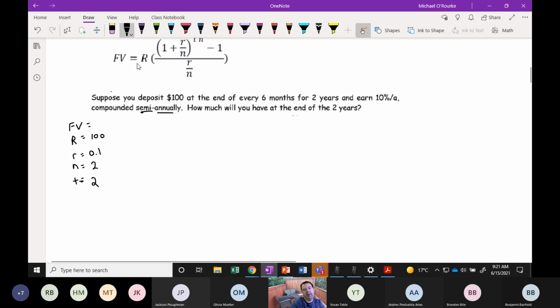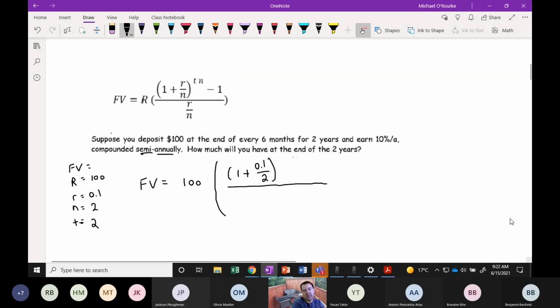Now I'm going to fill in my formula just like it is above and just fill in what I know. So FV equals, my R is 100. Now all this we're going to do in the bracket to start. So the first part is we're going to go 1 plus R over N. That's going to be 0.1 over 2 to the power of Tn.